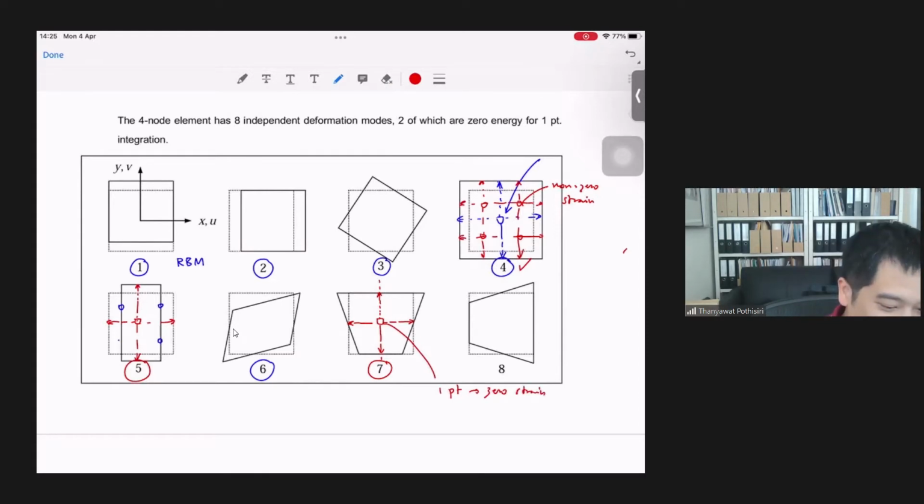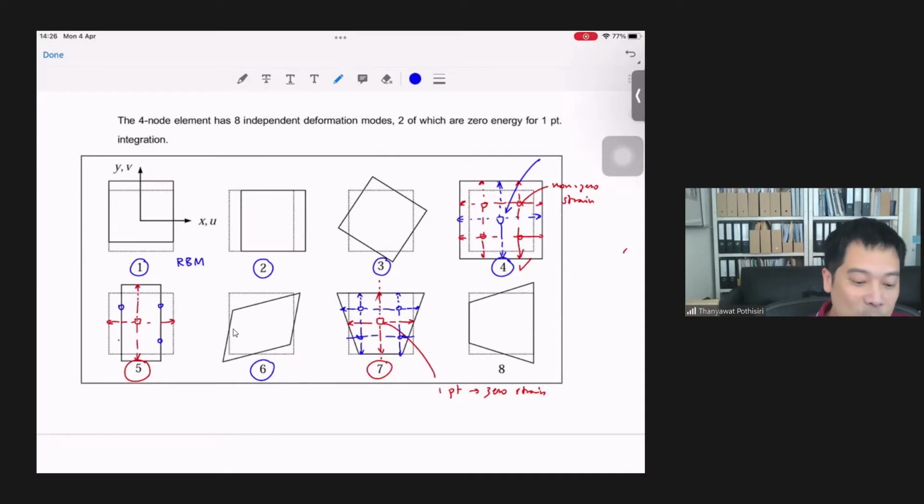Now, what if I change to 2 points? Yeah, I use 2 by 2 points. So I see that even though in y direction the strain is 0, right? But in x direction, you will see that the strain is non-zero, in x direction.